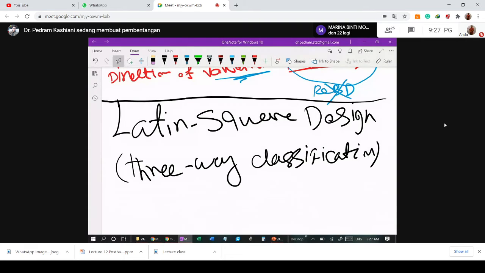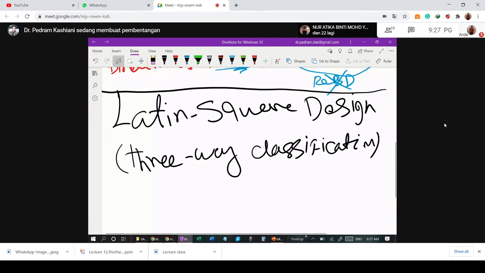Or you have a humidity maker machine, and near it is always more humid and wet compared to far from the machine. So in a greenhouse, more than one variation can be present at the same time. First you have to see which variations are significant, and after that you try to do blocking. That's why this design is very useful and very common for experiments in greenhouses.